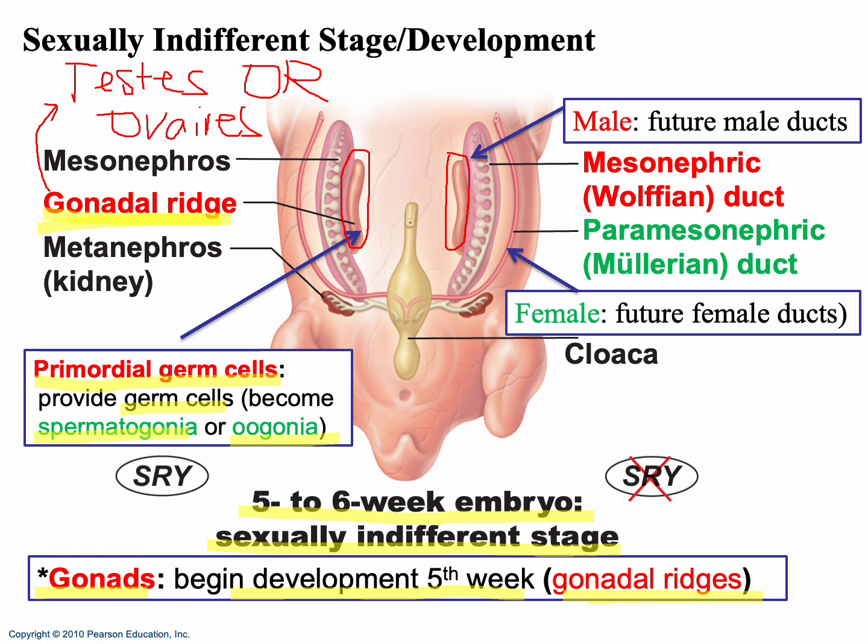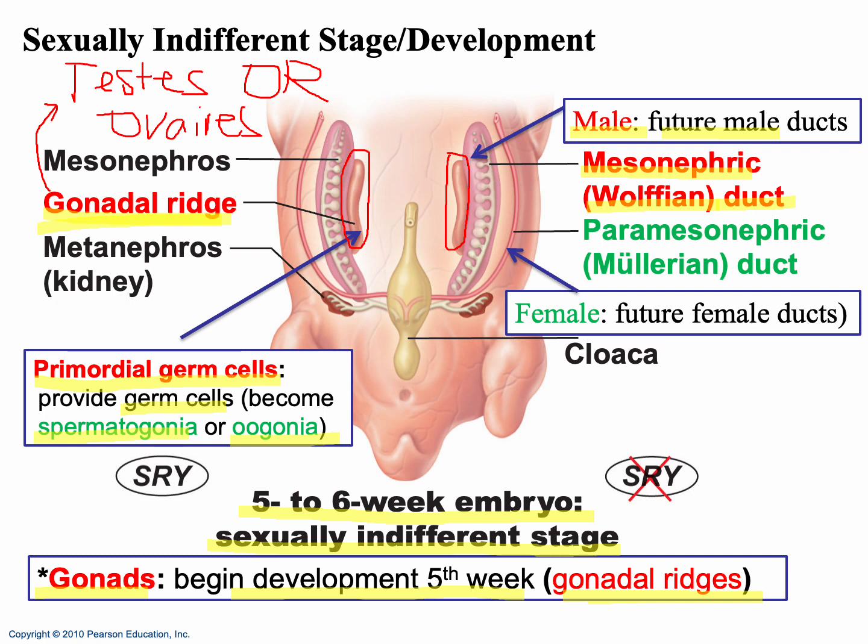Other additional structures we see here, we have what's known as the mesonephric duct, also known as the Wolffian duct. And this is referring to male internal genitalia that will form. So this structure, the Wolffian duct, can evolve into a variety of different things. It can develop into the epididymis, the vas deferens, the prostate gland, so a lot of different things like that.